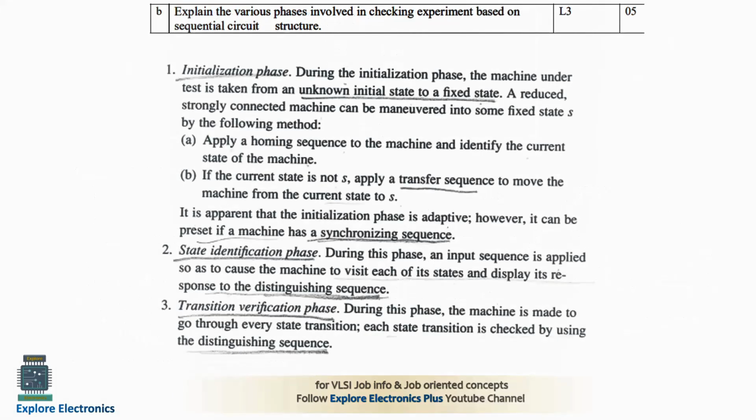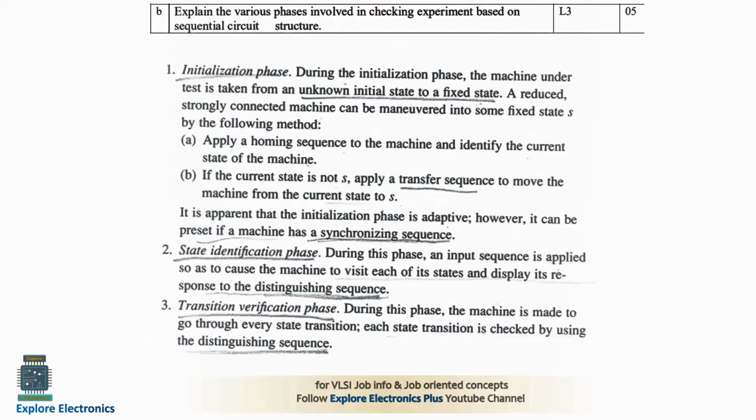Explain the various phases involved in checking experiment based on sequential circuit structure. There are three main phases. Initialization phase: during this phase, the machine under test is taken from an unknown state to a fixed state. All sequential circuits will start with the reset phase. We are going to reset, then power up and then initialize. That is the very first phase.